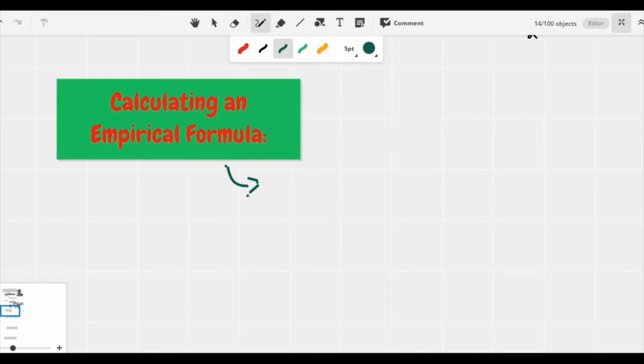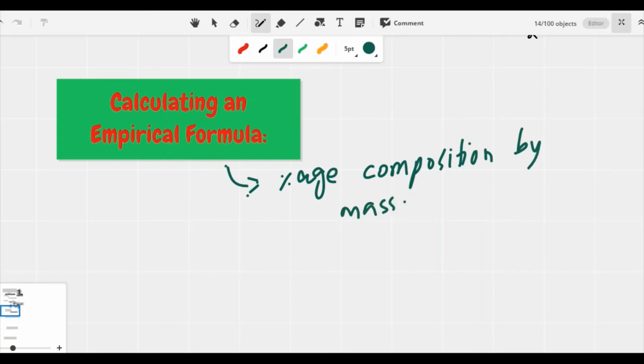For example, suppose we do not know the formula of magnesium oxide, and let's suppose the magnesium oxide contains 60% magnesium while 40% oxygen.